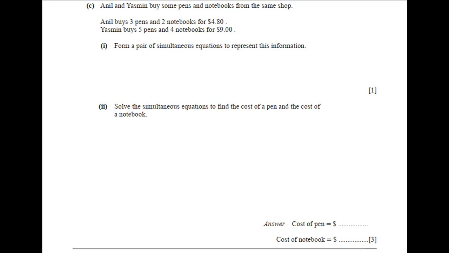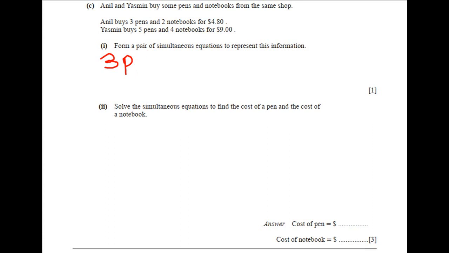Part C. Anil and Yasmin buy some pens and notebooks from the shop. Anil buys 3 pens and 2 notebooks for $4.8. Yasmin buys 5 pens and 4 notebooks for $9. Form a pair of simultaneous equations to represent this information. So Anil buys 3 pens, so I'm going to write 3p. You may use x and y.